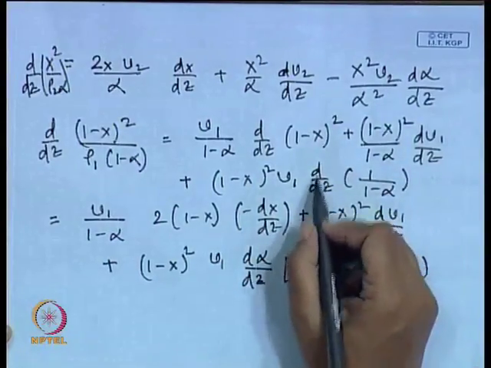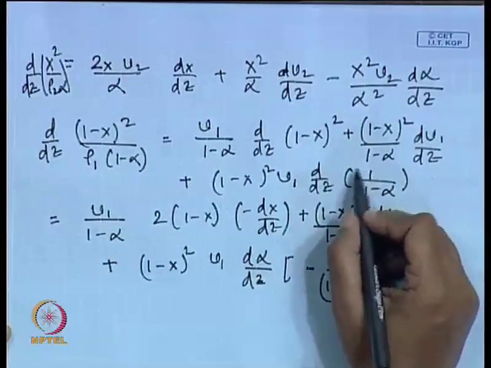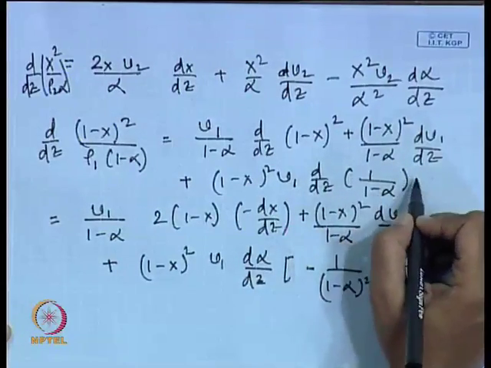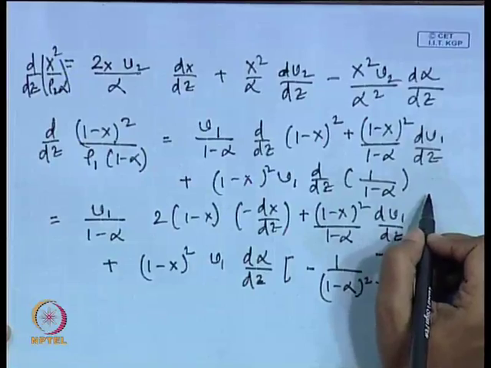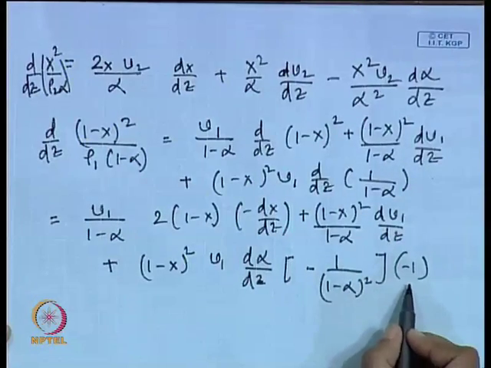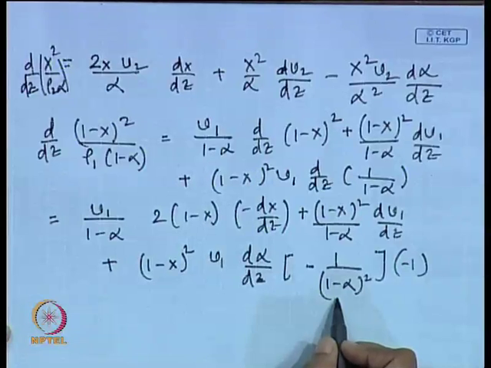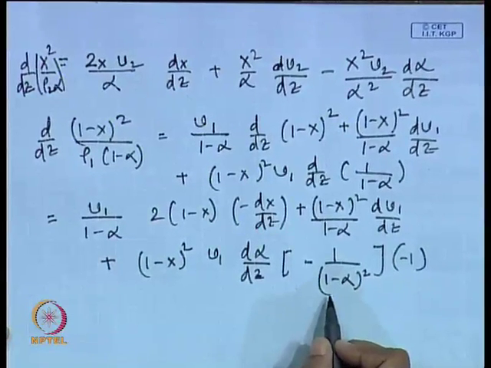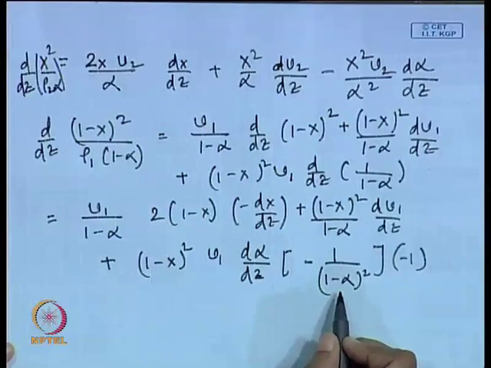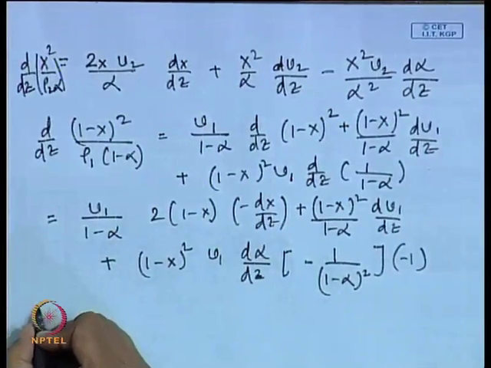term it can be written as d/d alpha of 1 by 1 minus alpha into d(1 minus alpha)/dz. Okay. So, d(1 minus alpha)/dz gives you minus 1, and the other part differentiation gives you this, right. So, these parts, please derive on your own and then you try to find it out.